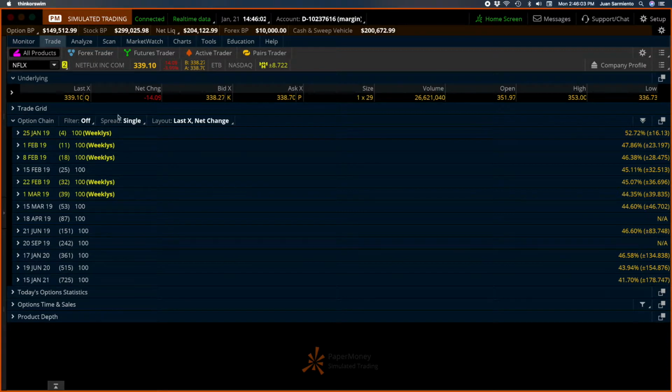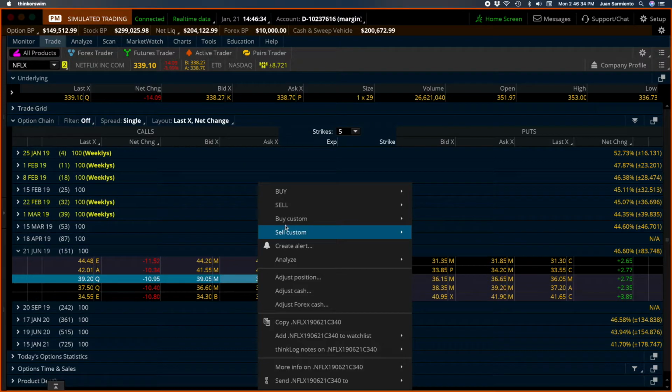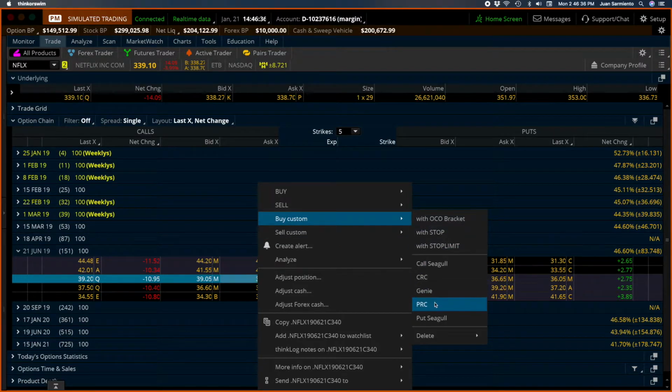Let me demonstrate. Suppose that we want to create a Genie trade on Netflix. We would go to the strike price that is at the money, in this case 340, and the expiration that is at least 90 days to expiration, in this case June 21st, 2019. And I select Buy Custom Genie Trade.